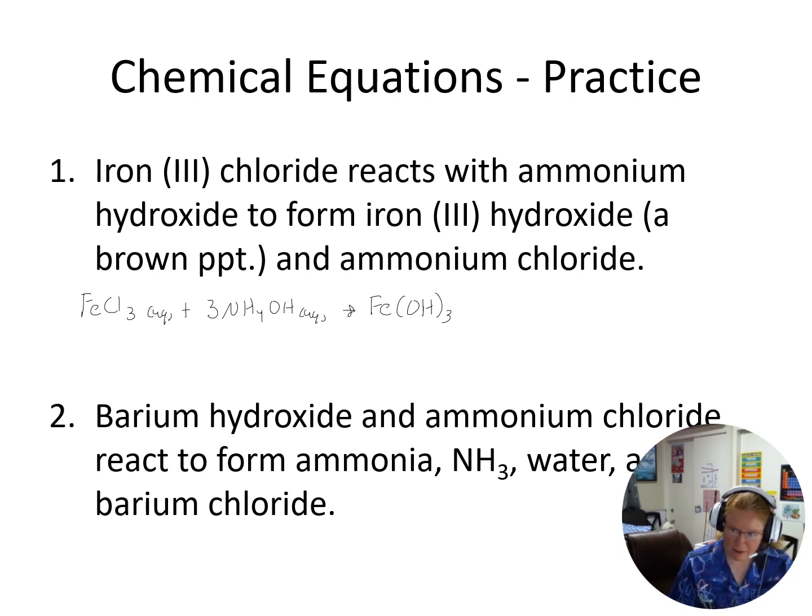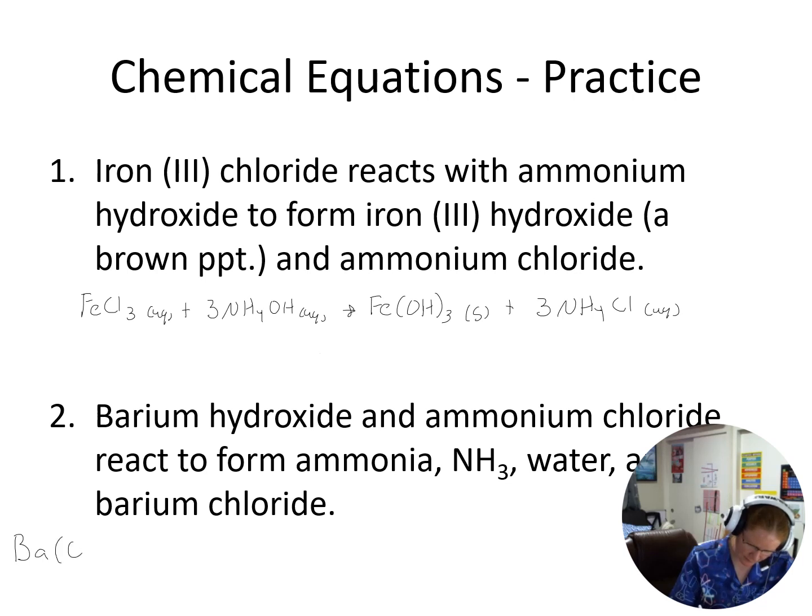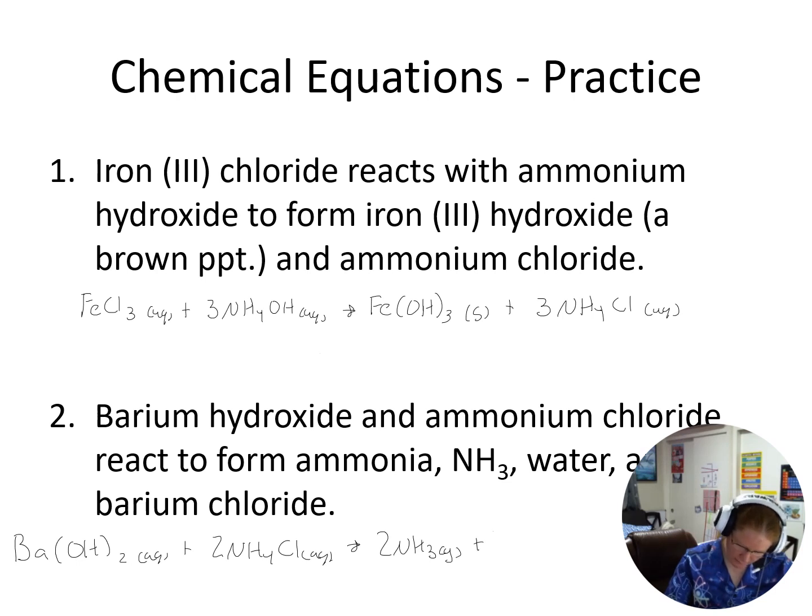Remember, when we have a polyatomic ion, we have to keep the whole thing together, so that's why I have the hydroxide in parentheses. All right, and last one, get some barium hydroxide. And we get some ammonia, some water, and some barium chloride.